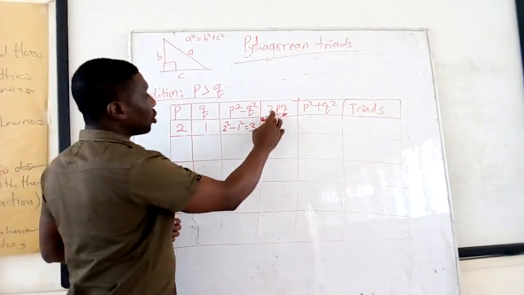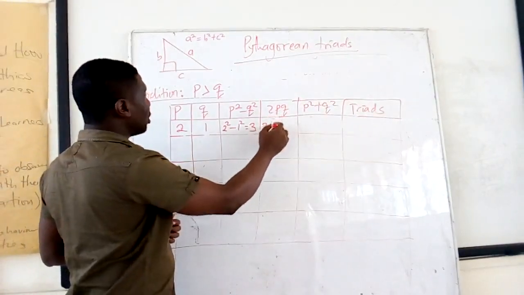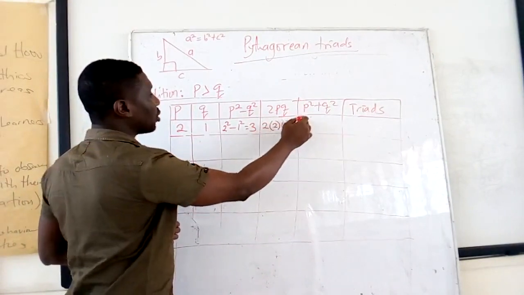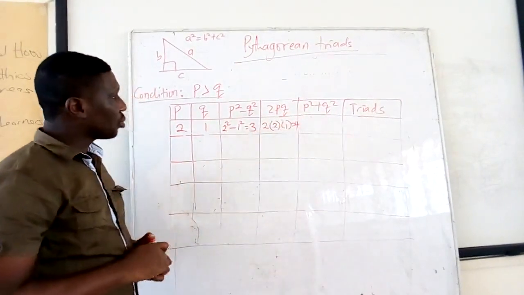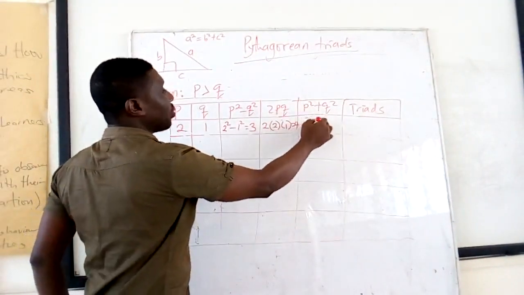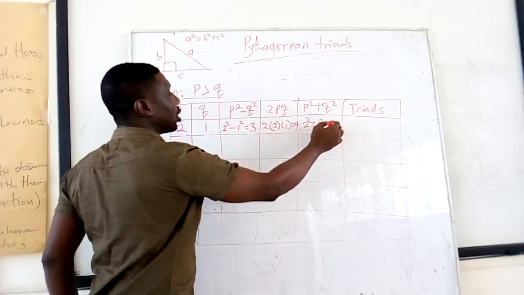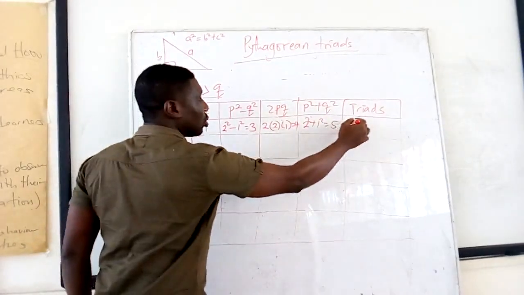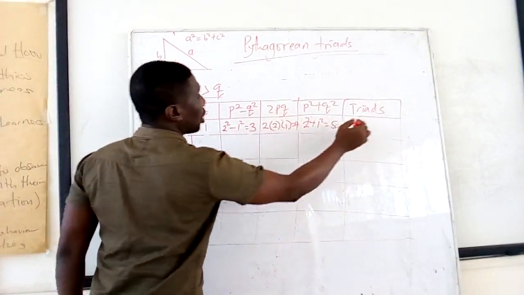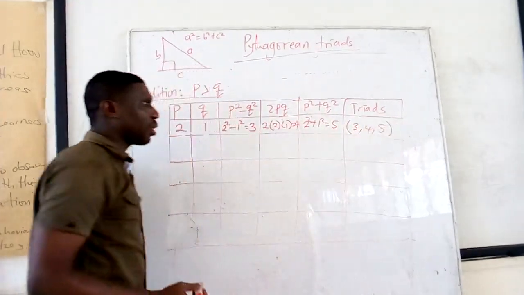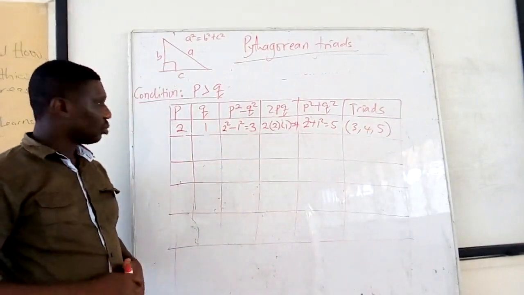And then also, 2 times 1 will give us 4. And then 2 squared plus 1 squared will give us 5. So now our triads will be 3, 4, and 5.